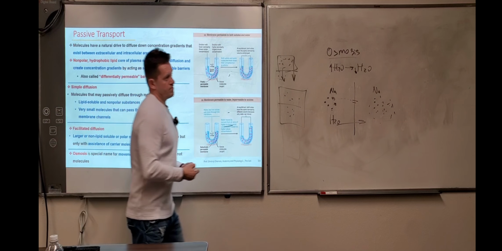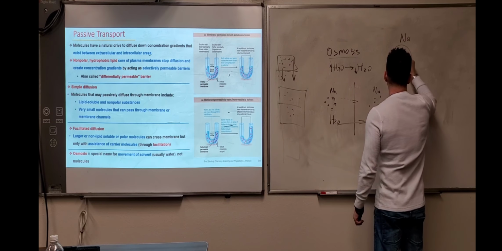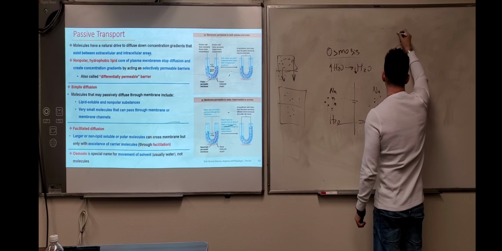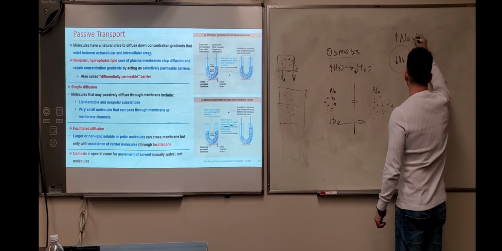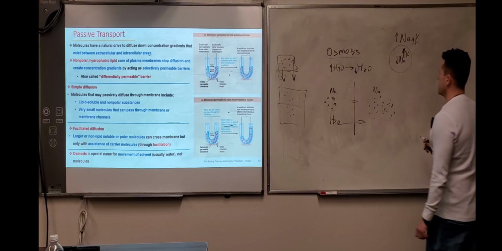So there's more sodium outside of the cell and less sodium inside of the cell. There's less potassium outside of the cell and more potassium inside of the cell.